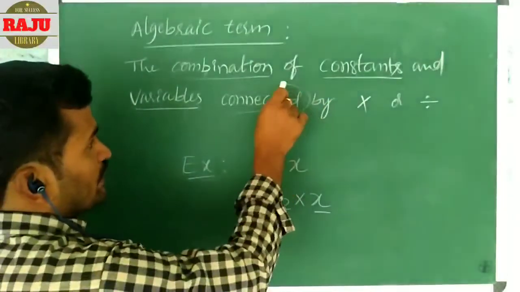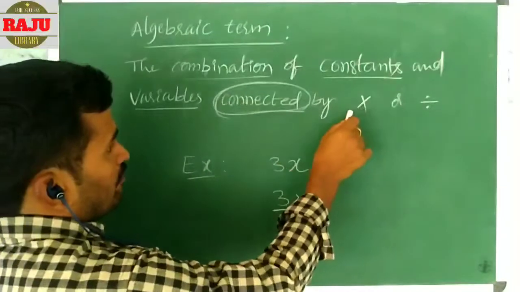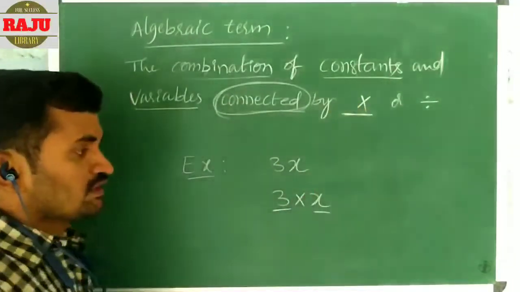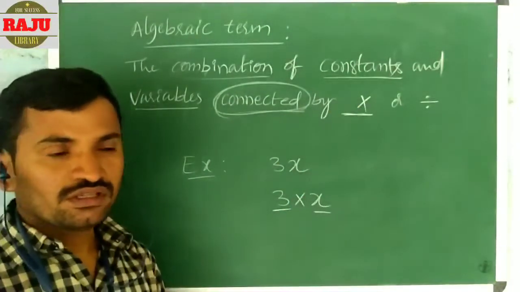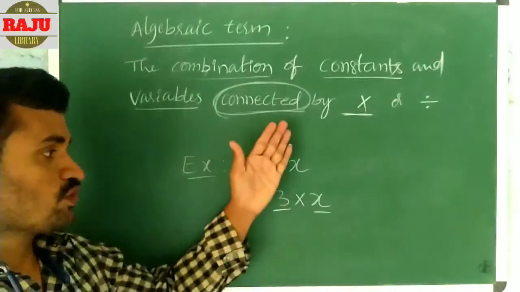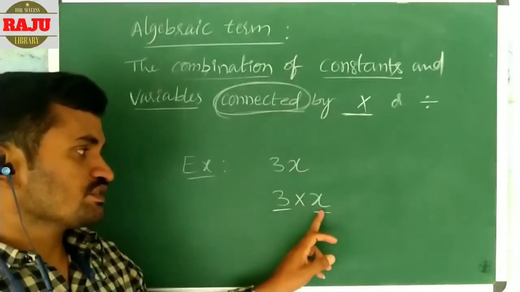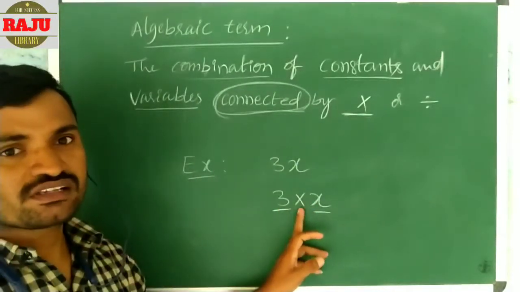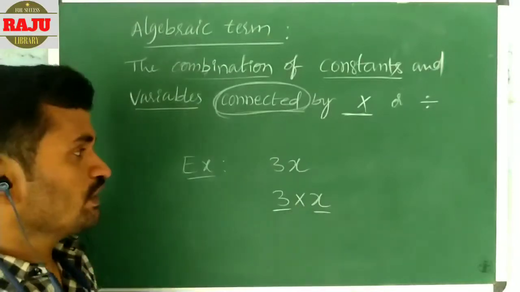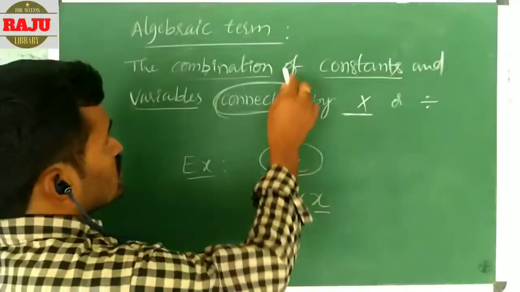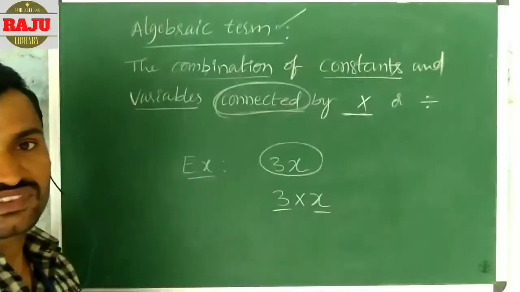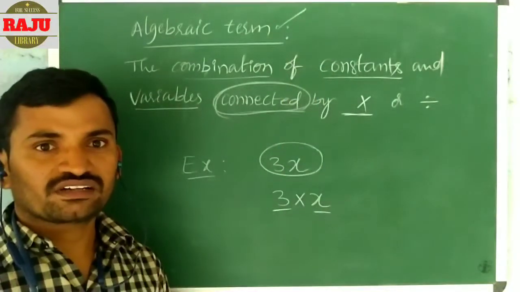So these two are connected by which symbol? That is multiplication. So the combination of constants and variables connected by the mathematical symbol into. So here 3x is called an algebraic term.